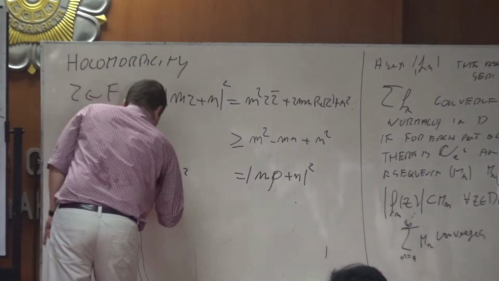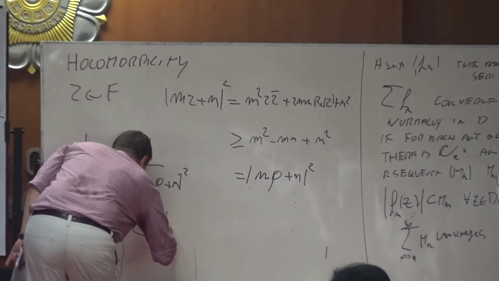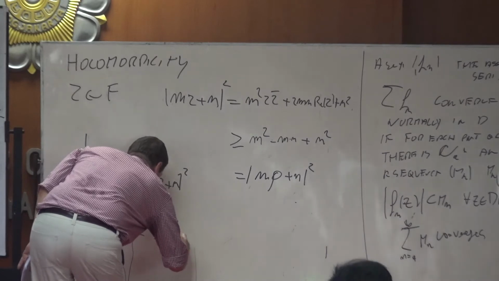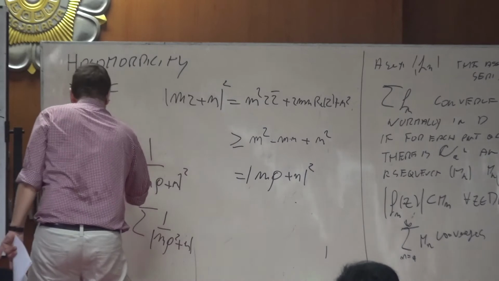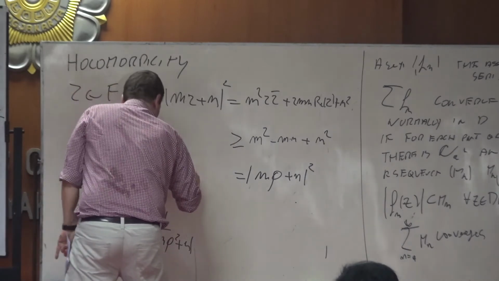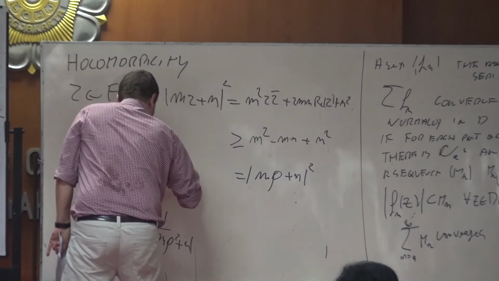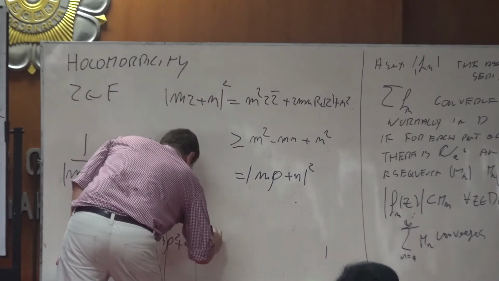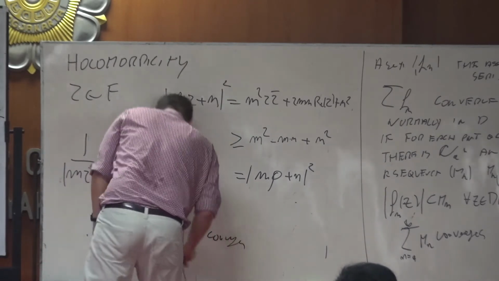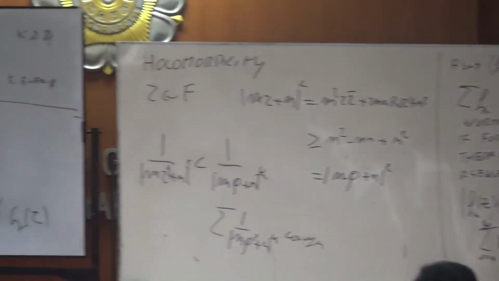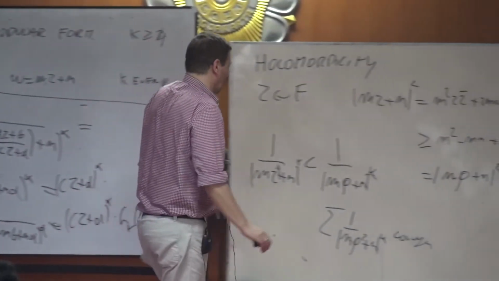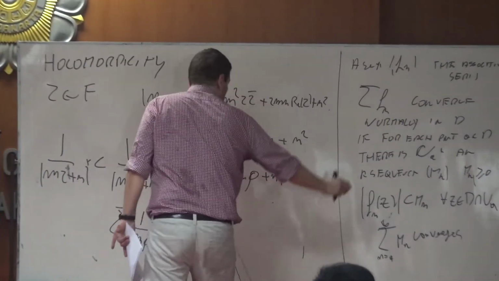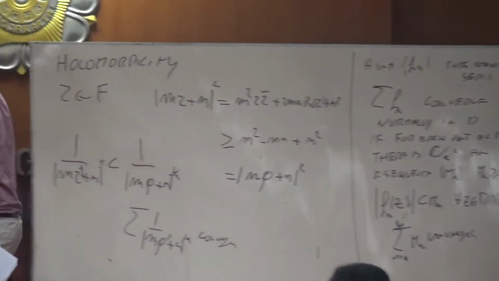And this one converges, meaning the series, now you can put k. Here you have k as well, and here you have k. This one converges. So it defines a holomorphic function by this principle.